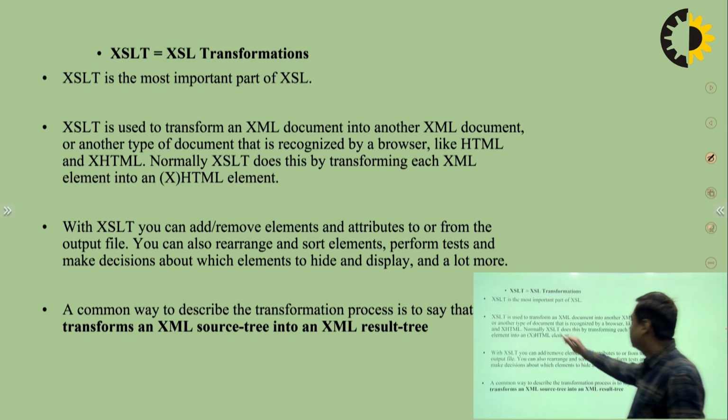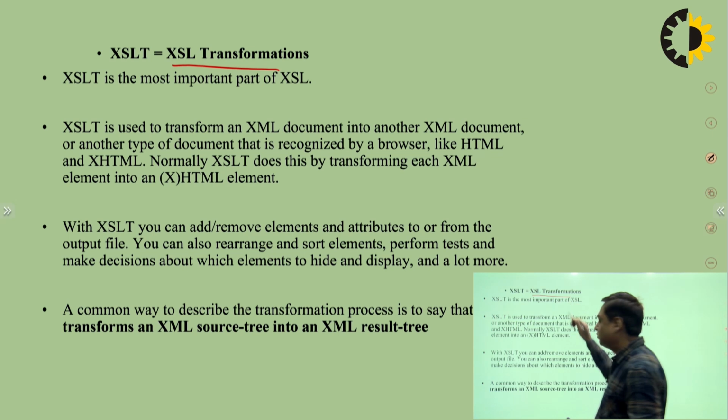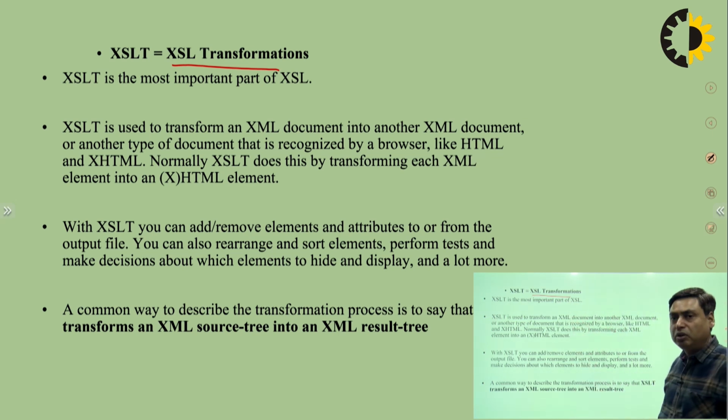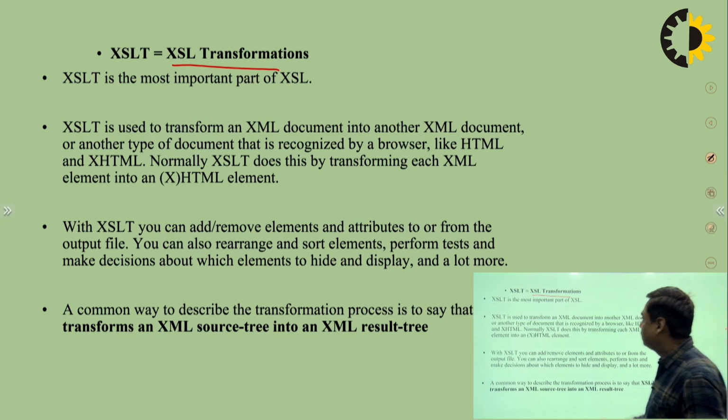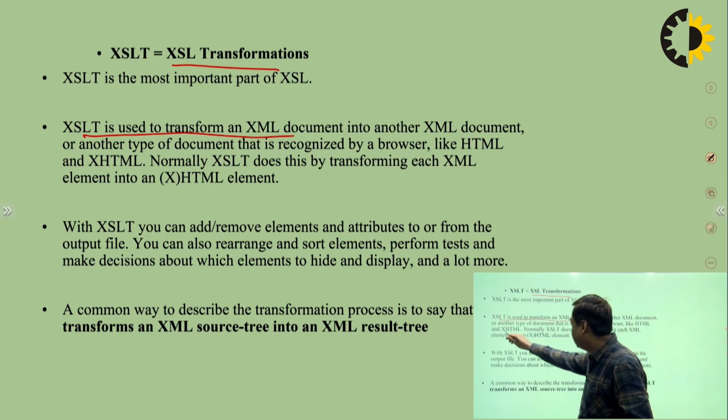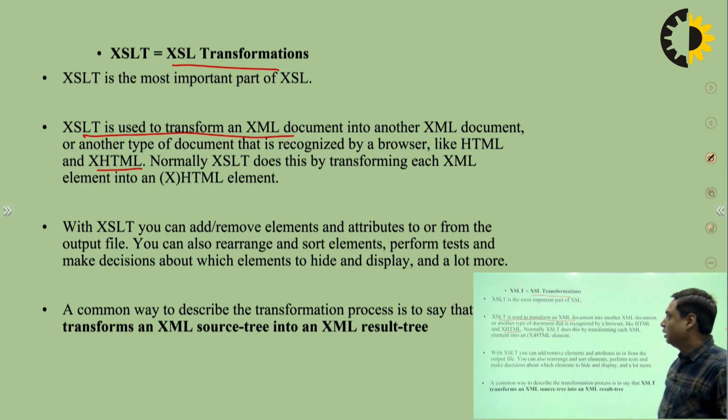Now, what is the XSLT? Basically, it is used for the transformation of XML into a different language, so that the browser can understand and display it properly. Basically, the XSLT is used to transform an XML document into the XHTML format. And this is the format that can be easily understood by the browser, and accordingly the content will be displayed in the browser.